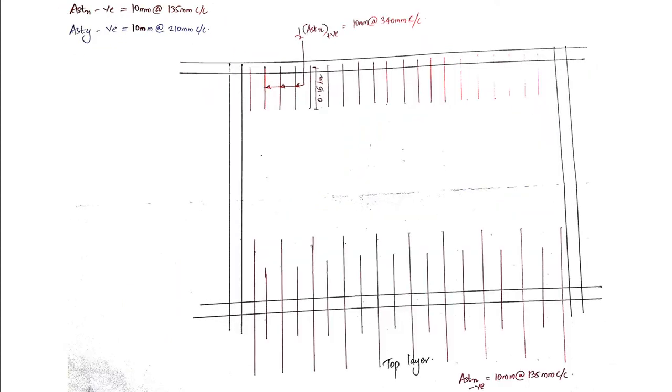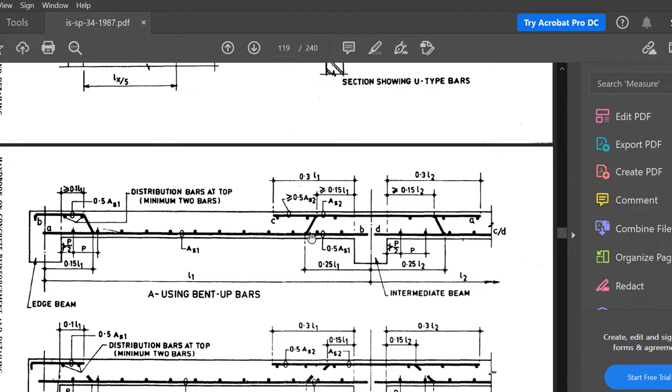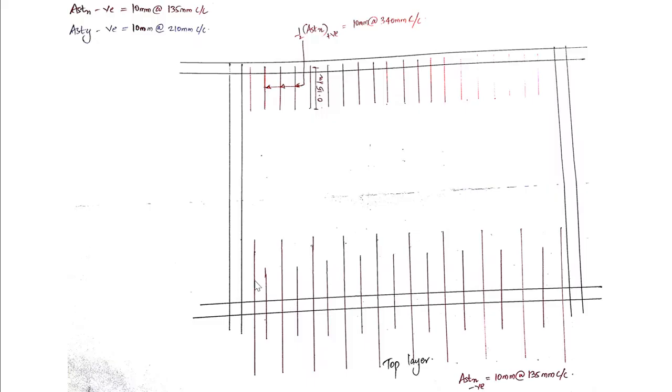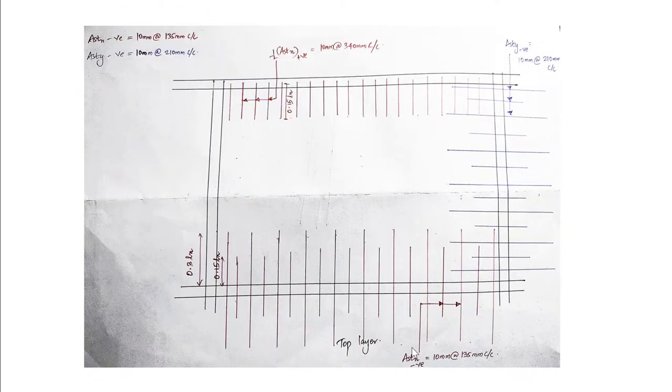Now in the other direction you can see AST X negative. It's being placed like this. You can see the negative reinforcement goes up to a distance of 0.3 L1 from the edge of the beam. Half of it will go up to 0.3 L1 and the full will go up to 0.15 L1. So the full reinforcement goes up to 0.15 Lx, and here it goes up to 0.3 Lx.